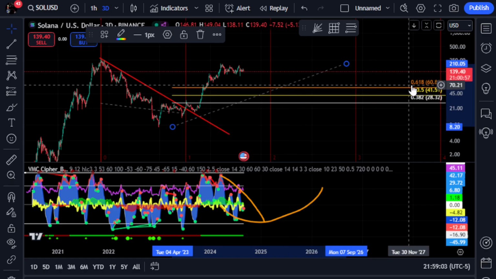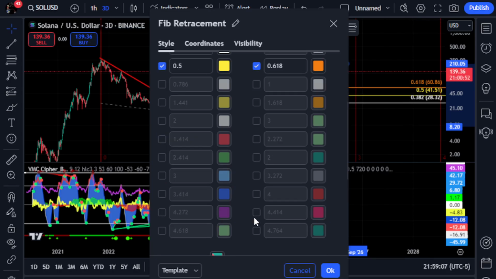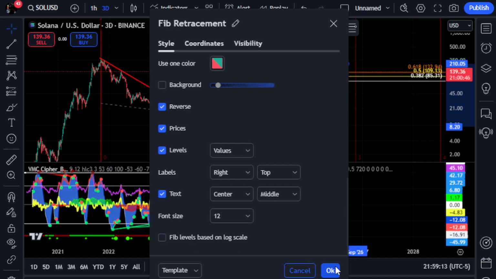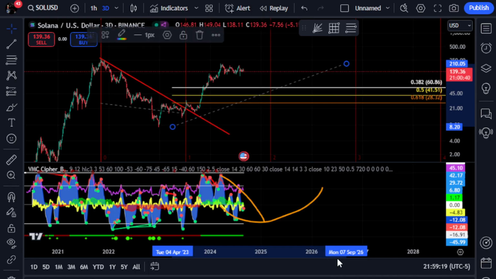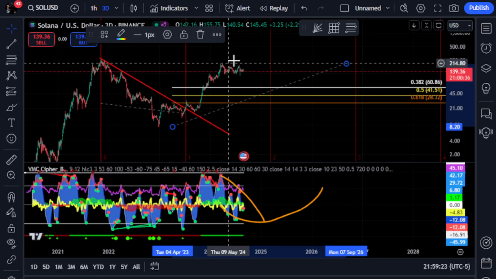We want the numbers going down. What are we looking at? Our swing low is $8. We need to reverse. Our swing high is $210, so this went up by 25x.